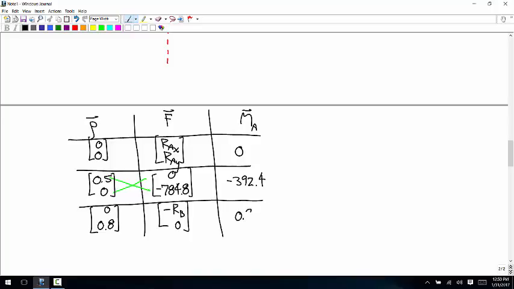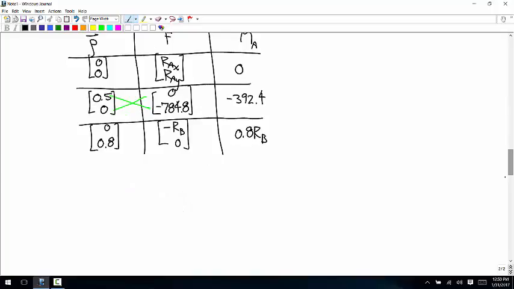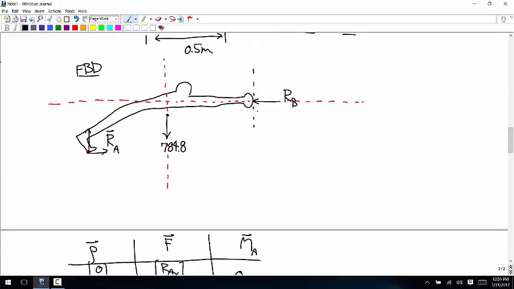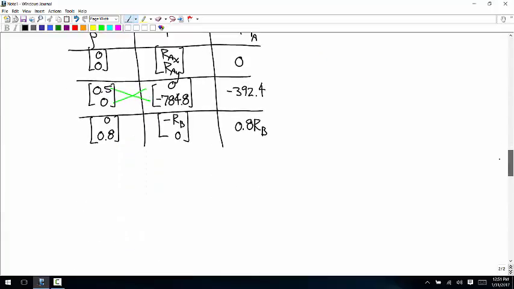So positive 0.8 RB. Because it's pointing in the negative x direction. Because a roller force is perpendicular to the surface and then toward the chosen body, toward the body you're isolating. So that's why we know it's to the left. Yep, right.